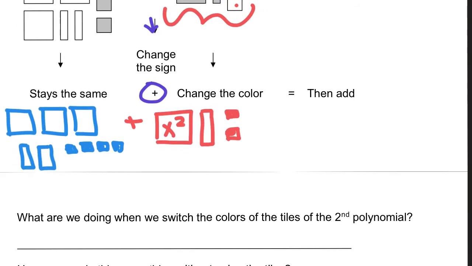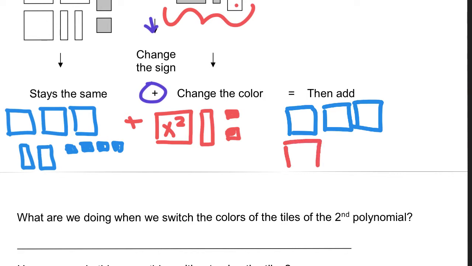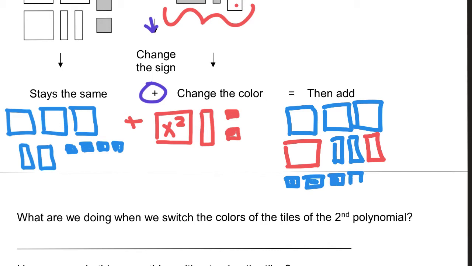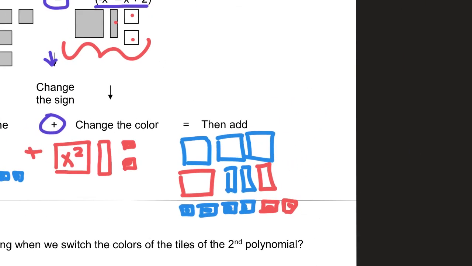So notice we had 3x squareds plus 1x squared, 2x's plus 1x, and then a negative 4 for the units, and a negative 2 for the units. And then we can combine them all.